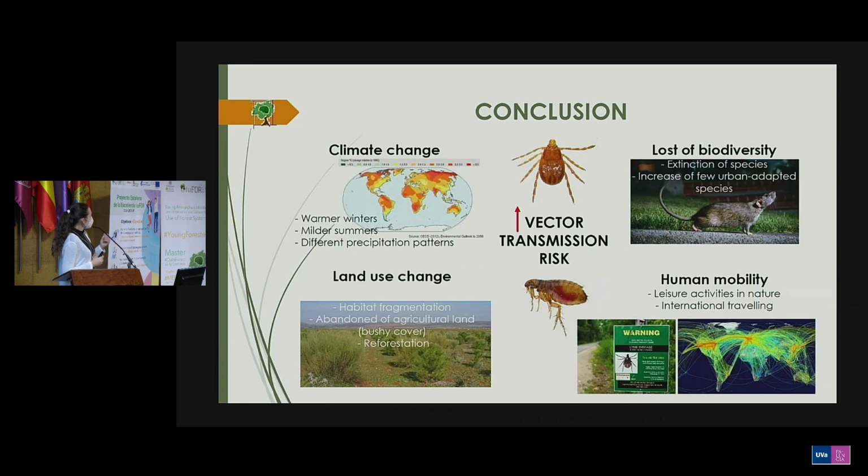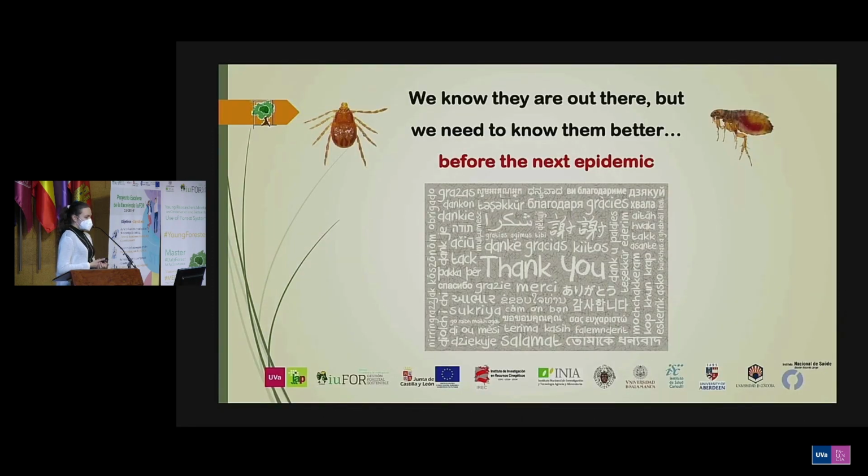And lastly, the abandonment of agricultural lands and reforestation are also creating favorable conditions for the population growth of those vectors. So we know that the vectors are out there. They are out there, and we know it, but we really need to know them better before the next epidemic, because vectors are a key element in the transmission, circulation, and spillover of zoonoses worldwide.